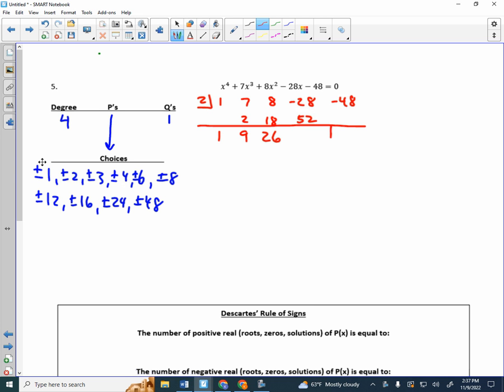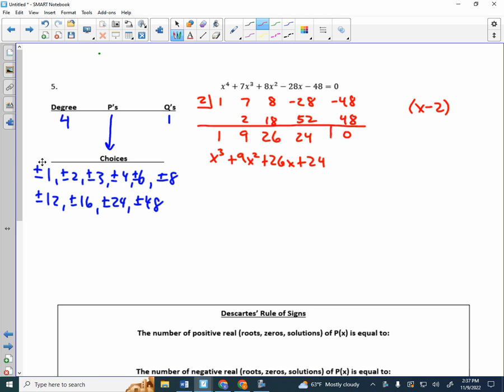Wait a minute, 24, right? 24? Oh, yeah. 24, I can't do mental math. 48, 0. All right, hey, worked. And notice what we get. What we produce is x cubed plus 9x squared plus 26x plus 24. Okay, so turns out that x minus 2 is a factor.